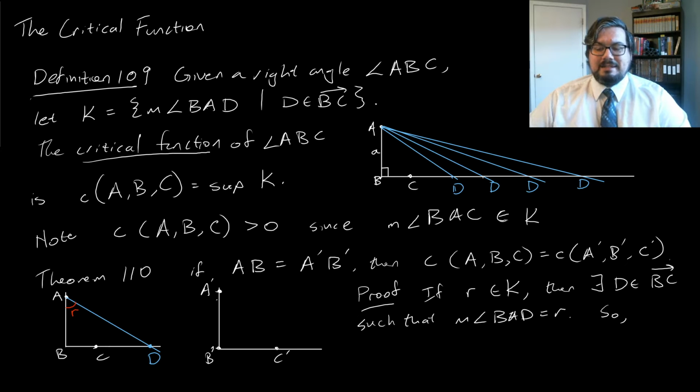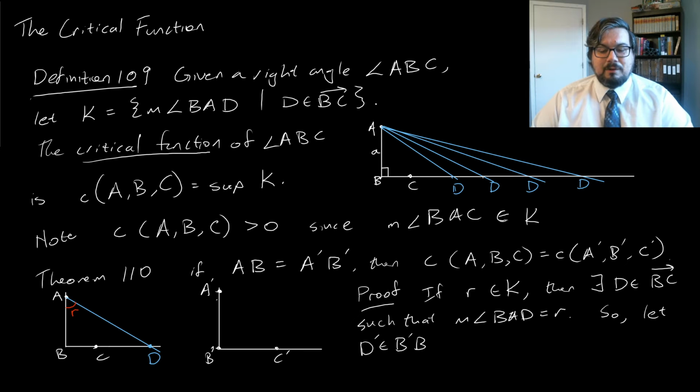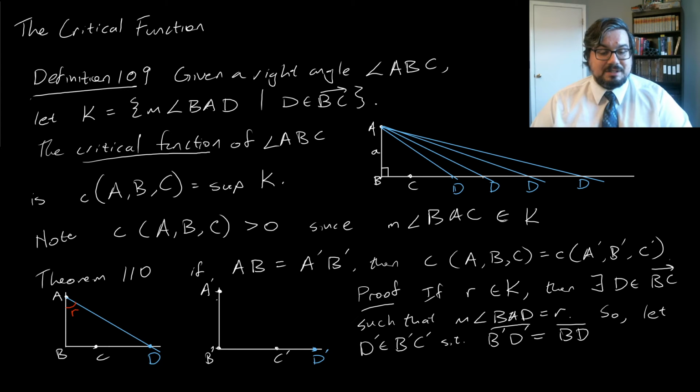So that tells us that we can let D prime be in the ray B prime C prime such that B prime D prime is congruent to BD. If we do that, then we get some point D prime over here, constructed so that B prime D prime is congruent to BD.